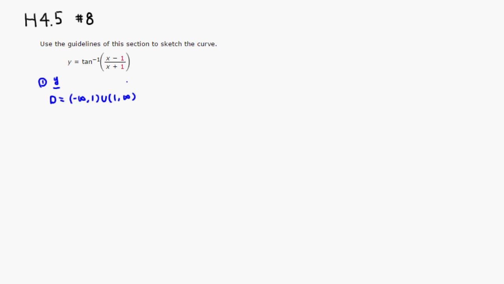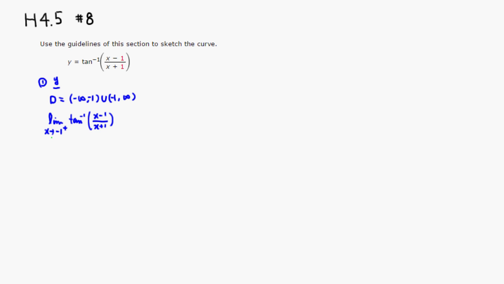Then we have to examine what happens to the function near negative 1. So I'm going to look at the limit of this function, arctangent of (x minus 1) over (x plus 1) as x approaches, actually I messed it up, it's negative 1, say, from the positive side. Right?